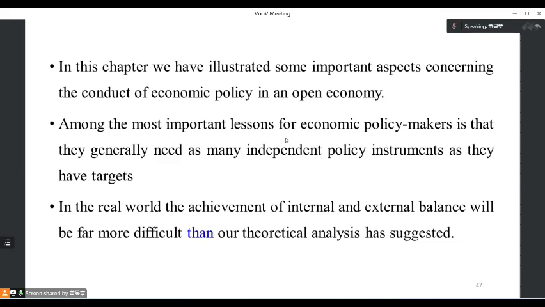Among the most important lessons for economic policymakers is that they generally need as many independent policy instruments as they have targets. In the real world, the achievement of internal and external balance will be far more difficult than our theoretical analysis has suggested.